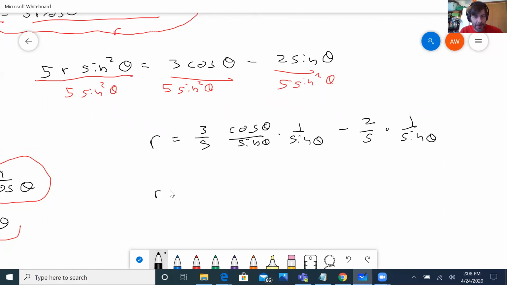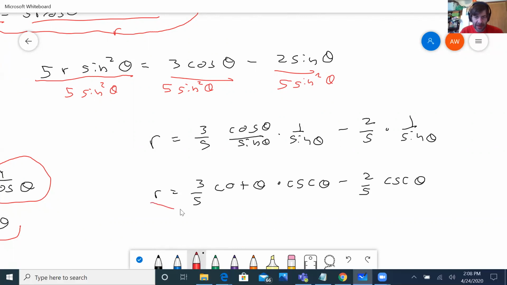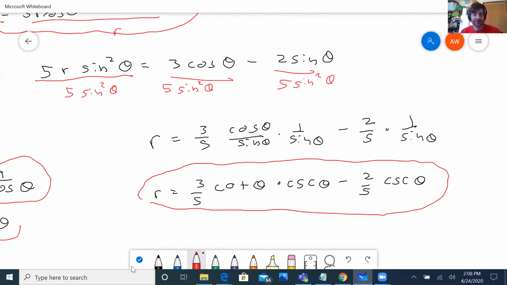And now I have nice identities. Cosine over sine is cotangent. And this is probably a better fully simplified answer.